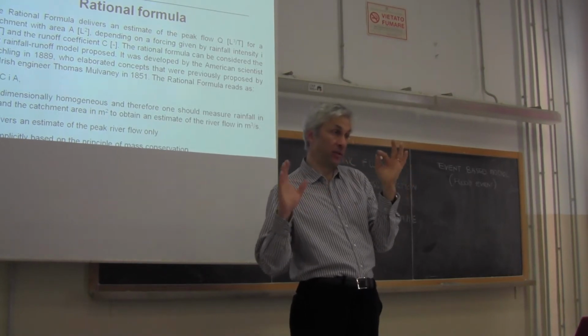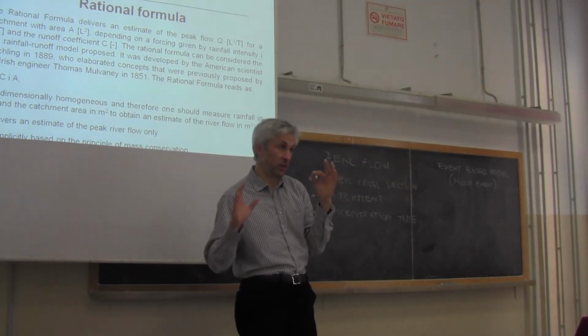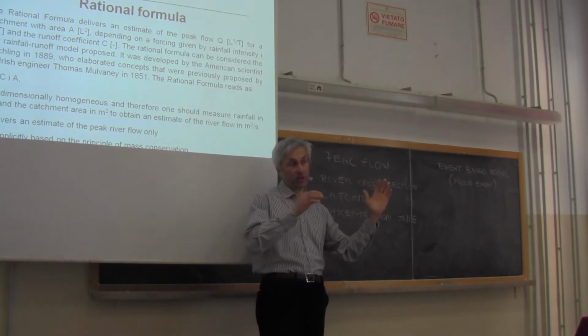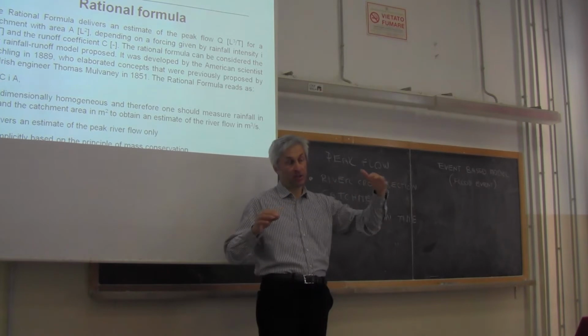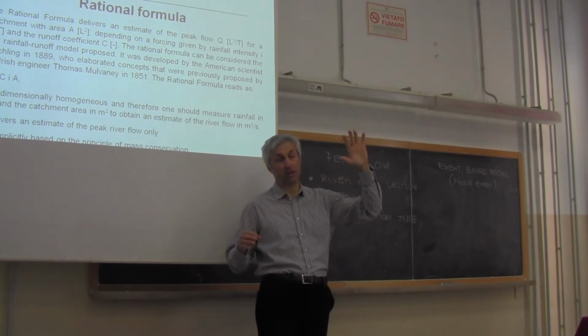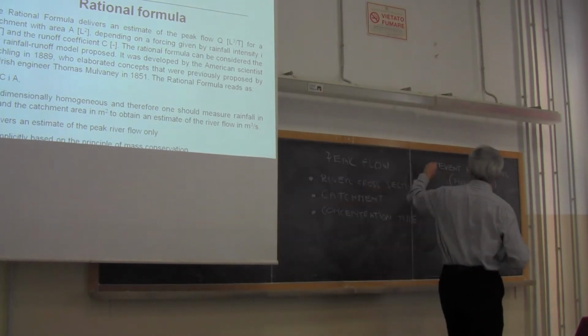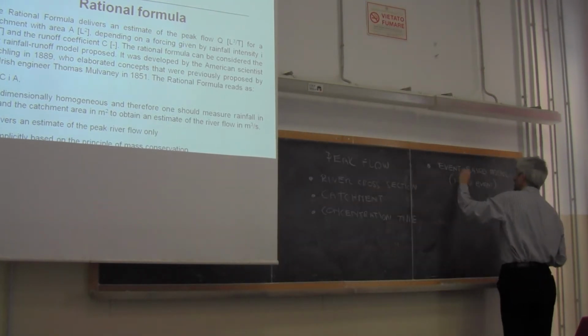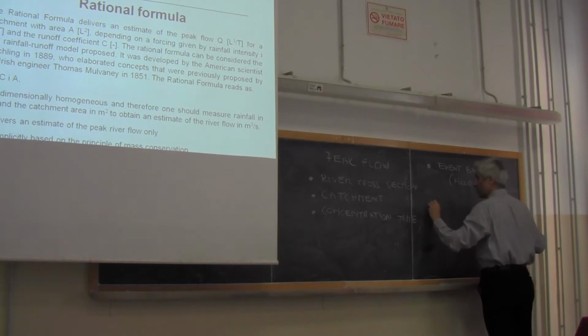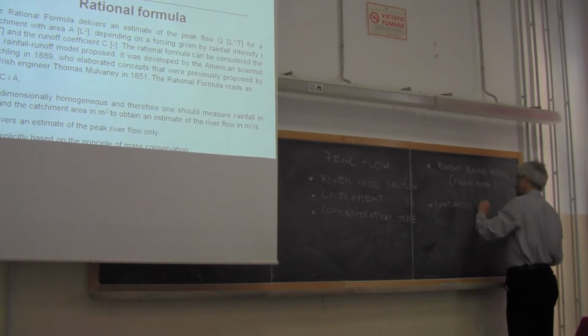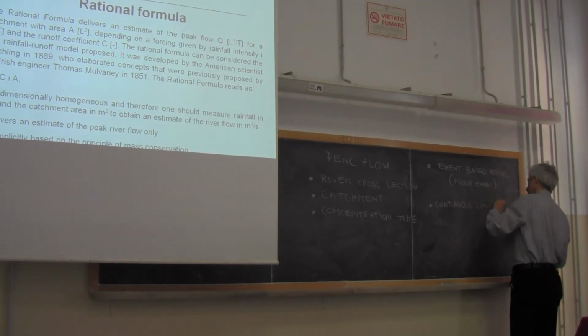There is another category of models that don't simulate just a single event, but simulate the rainfall runoff transformation for a long time, whatever long time. And these are called the counterpart of event-based models. They are called continuous simulation models.